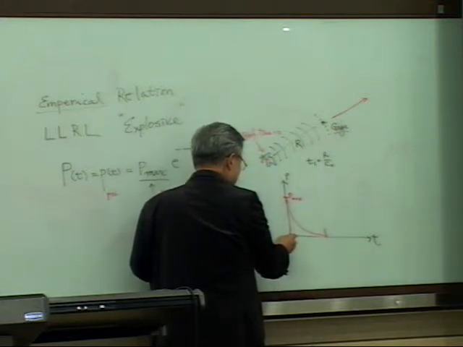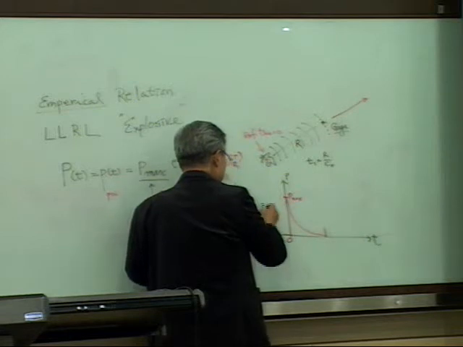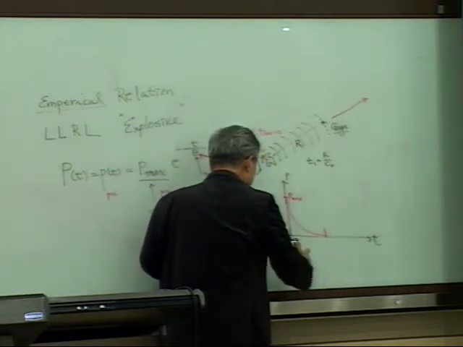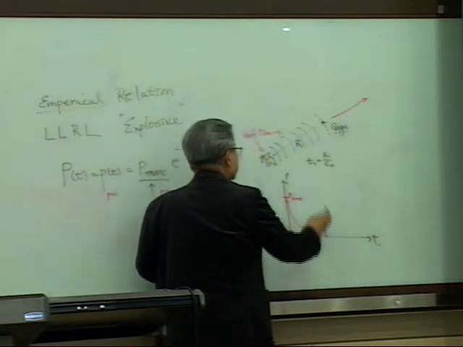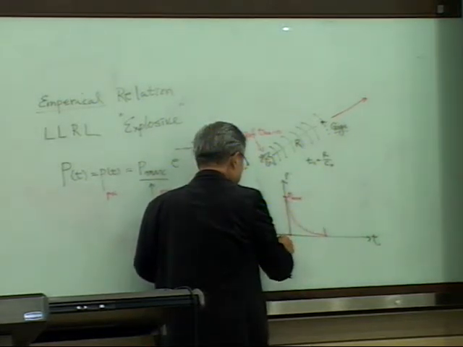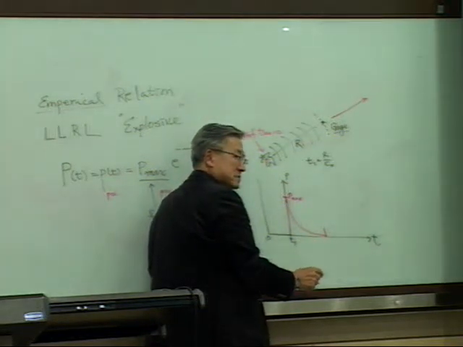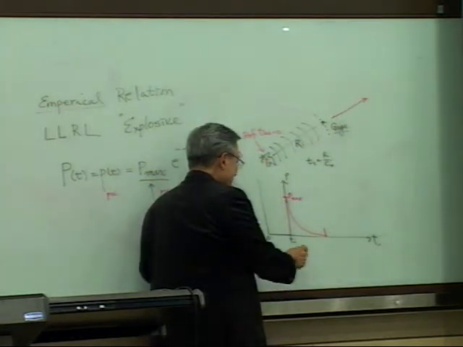I'm going to move this point here, set this as 0 rather than here. Move how much? From 0 to t1. Make sense?